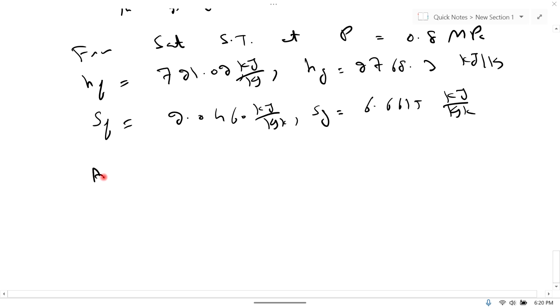So as s2s is equal to sf plus x2s into sg minus sf.